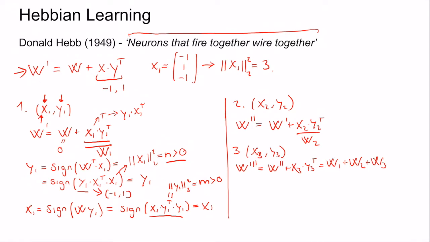So we add up together the correlation matrices. Now we have stored a lot of vectors here, so we might need to actually retrieve them, and we want to check if we can find an equilibrium point. So if we feed x3, are we going to get back y3 or not?